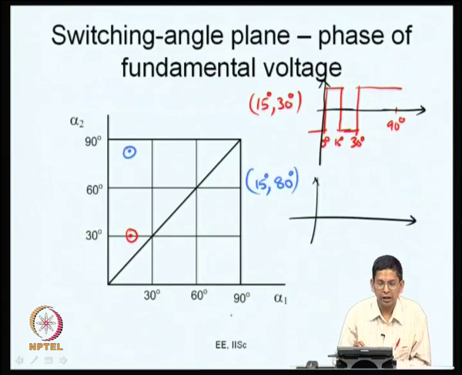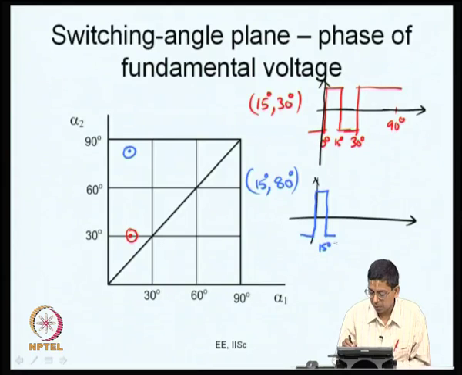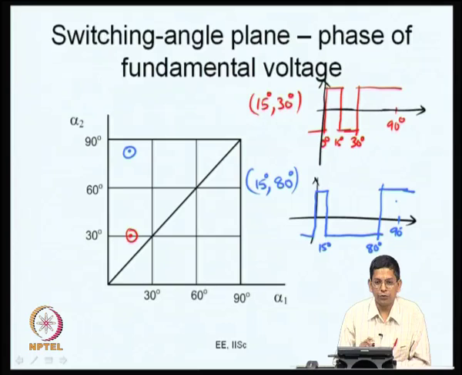Alpha 1 is 15 and alpha 2 is 80 degrees. So, how will you have this waveform? It switches from low to high at 0 and high to low at 15, but it switches back only at 80 degrees here, and it is high till 90 and beyond. So, this is how this waveform looks like.